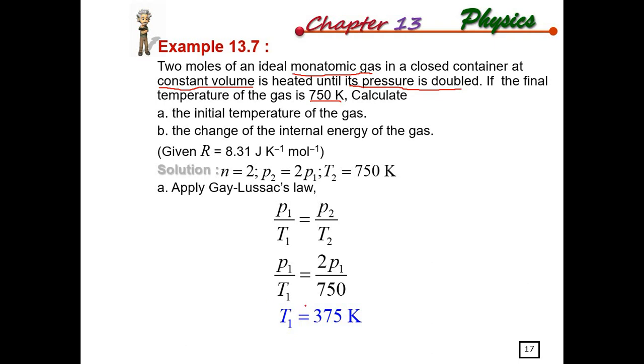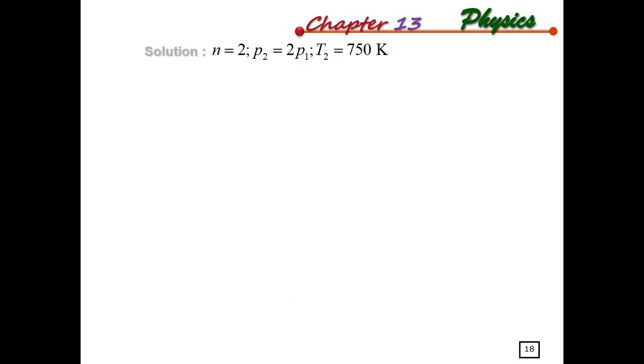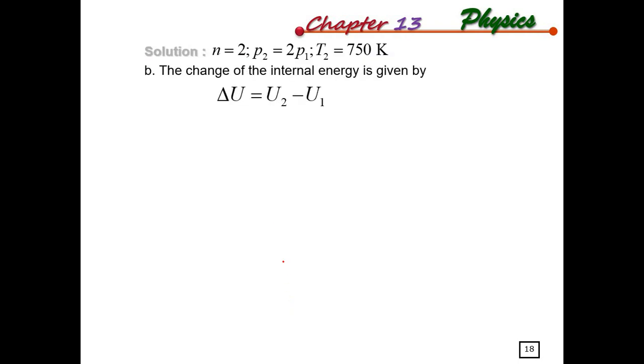And then for B, the change of internal energy of the gas after the pressure is doubled. The change in internal energy equals the final internal energy minus the initial internal energy.